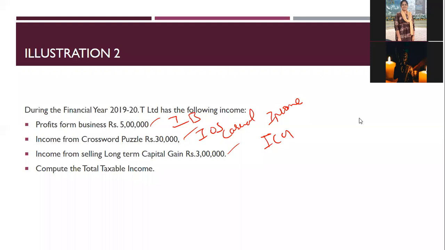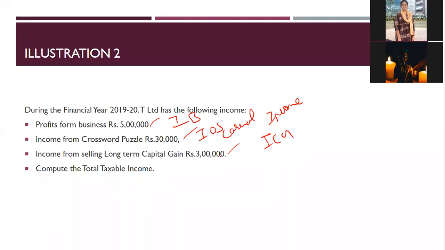I need the table, like the specimen of taxable income. It is available on the LMS website, sir. It is uploaded there. You can copy down the specimen. Okay, fine. Thank you, sir. Thank you, Pramod.